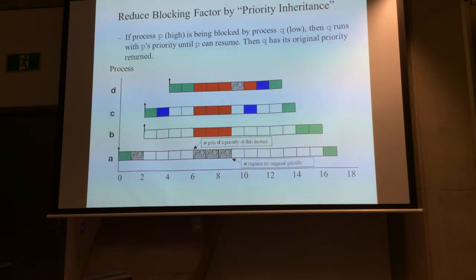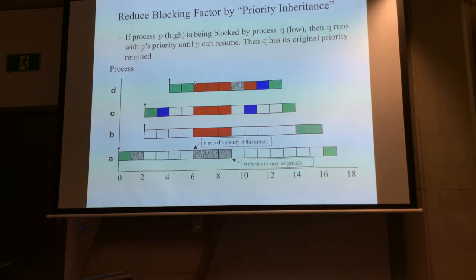So here, when task A runs and locks resource Q, and then gets preempted by C and B, that happens as before. C and B are preempted at time t equals 4 by D, but at time t equals 6, that was the time when D started to become blocked.